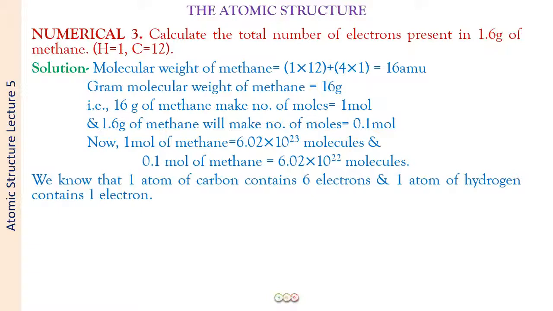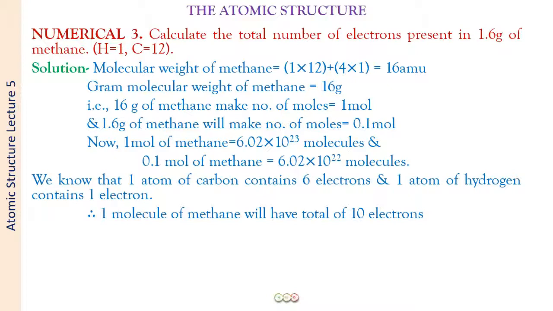Now, you know that one atom of carbon consists of 6 electrons and one atom of hydrogen contains how many electrons? 1. So the total number of electrons present in one molecule of methane is going to be 10. 6 of carbon and 1 into 4 for the hydrogen, CH4.